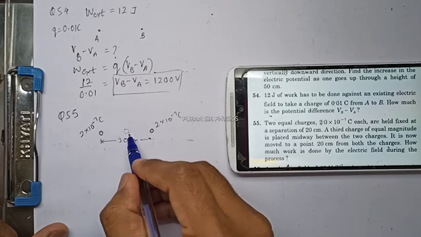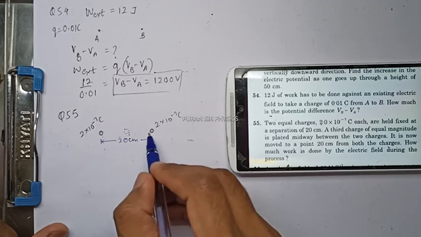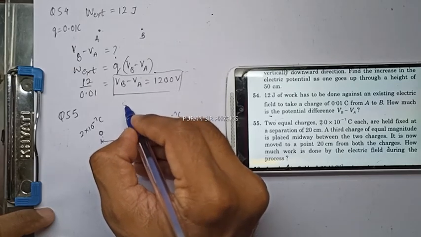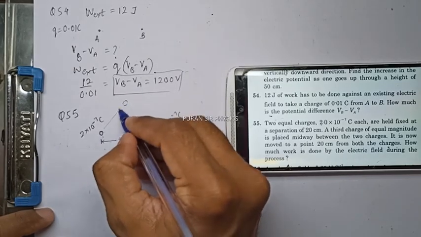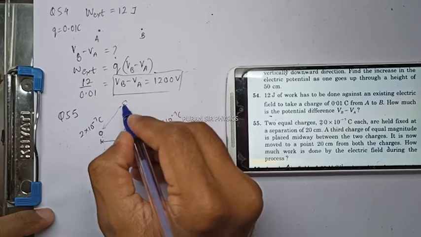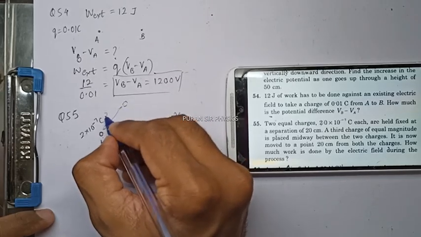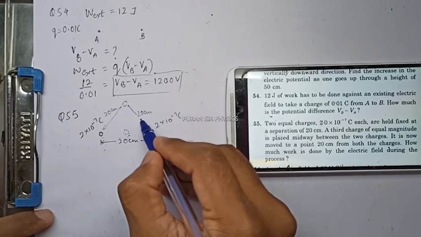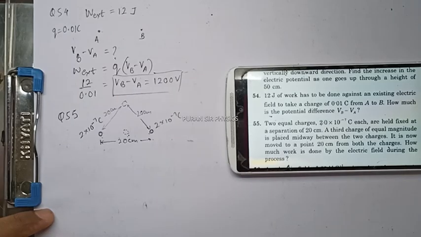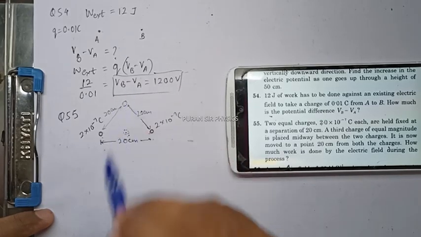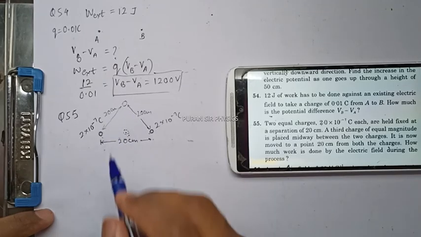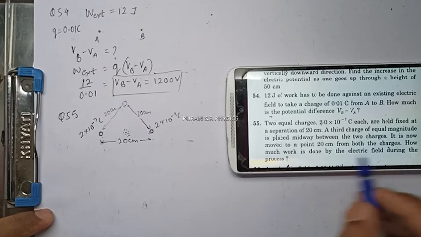A third charge is placed at the midpoint of the line joining the two charges, and then we move it such that the distance of this charge from both the charges is 20 centimeter. Something like this. It is moved from this position to this position. So we want to find the work done by the electrostatic field during the process.